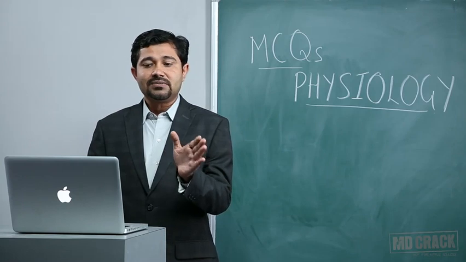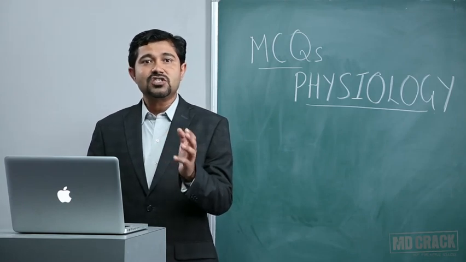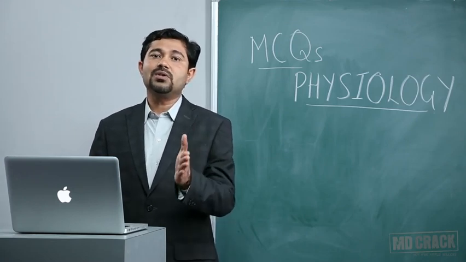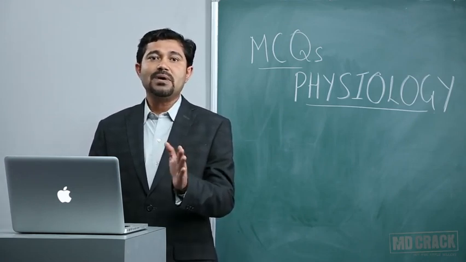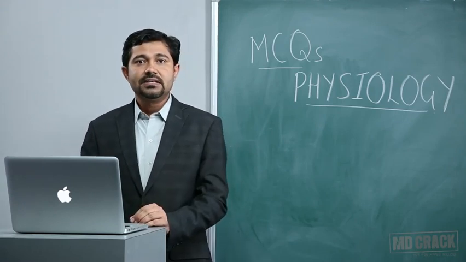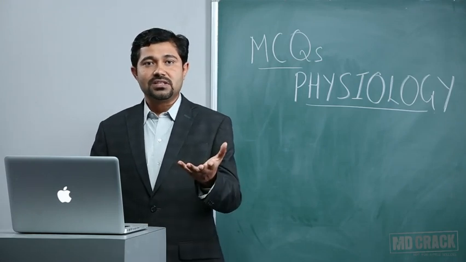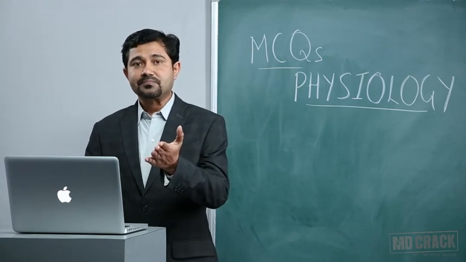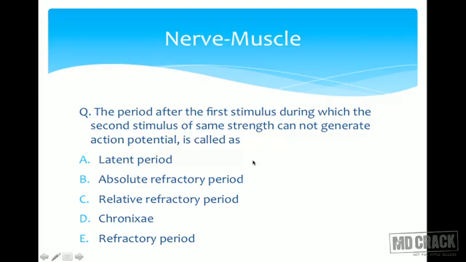It is the period after the first stimulus during which a second stimulus of any strength, even maximum strength, is not able to generate an action potential. The membrane is absolutely refractory. And what is the relative refractory period? If we use a stronger stimulus than the original stimulus, it is able to generate the action potential. So what should the correct answer be here? According to these definitions, the answer should be the refractory period. So if you got it correct, that is the refractory period.